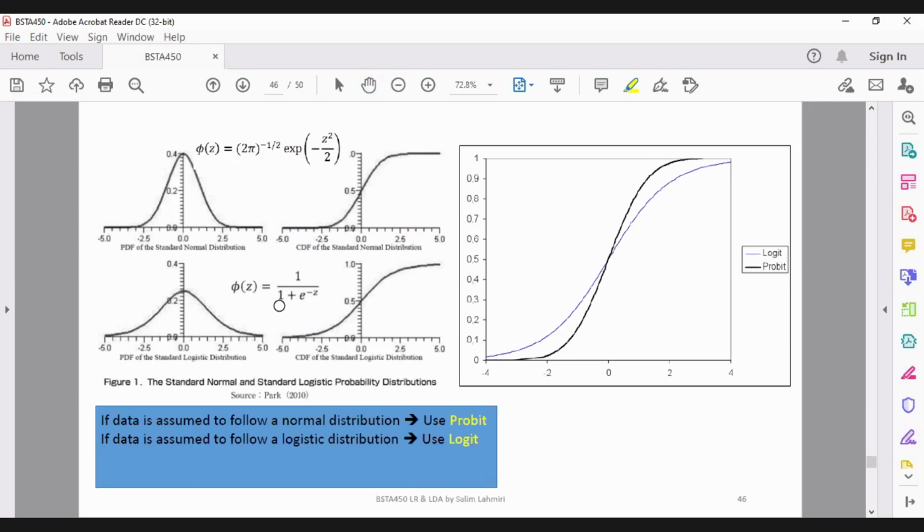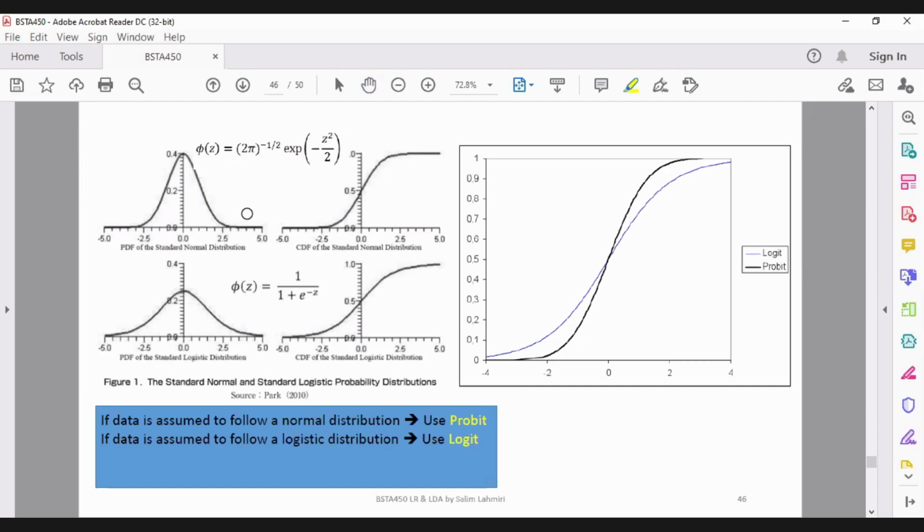So if you believe that the data is normally distributed, then use probits. If you believe that the data follows a logistic distribution, then use logistic regression. Probits and logits are two models that can be performed by using SAS-EG.